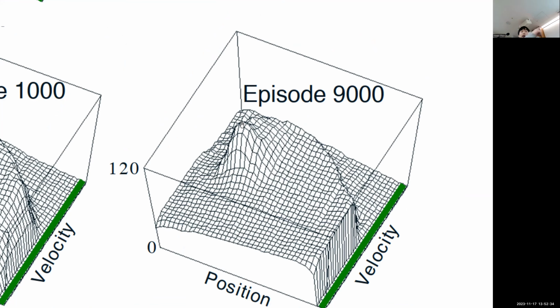Since we are running these episodes, the starting point will have accumulated the minus reward, right? Because every time it hangs around, the car will move to this valley, the bottom point. The maximum number is 120.